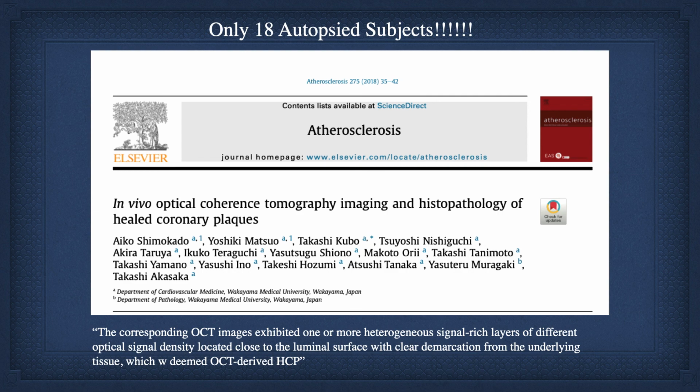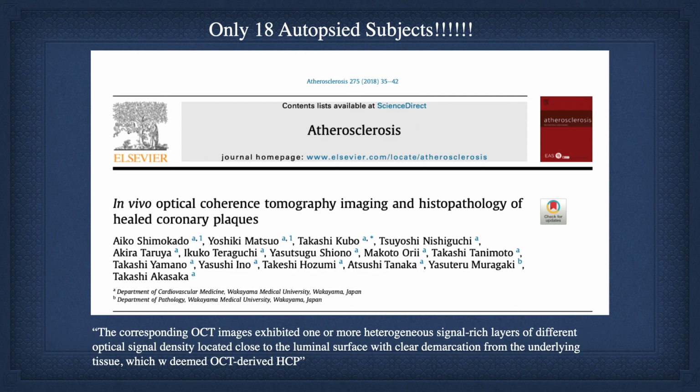And it has 18 autopsy subjects. It's not using polarization sensitive OCT. It's using backscattering. And this is, for all the clinical trials, and they did use picrosirius. I have to give them credit for that. It's a very difficult stain. It is explosive.